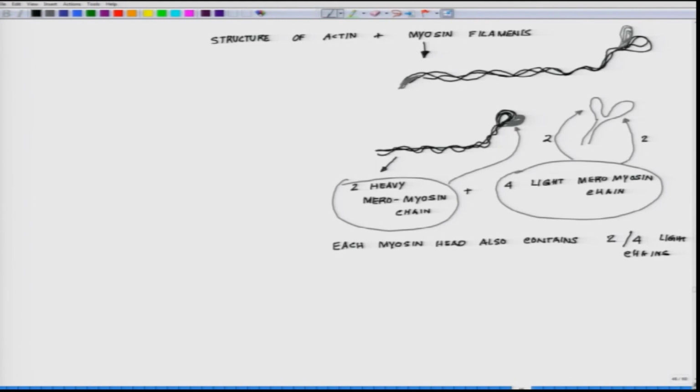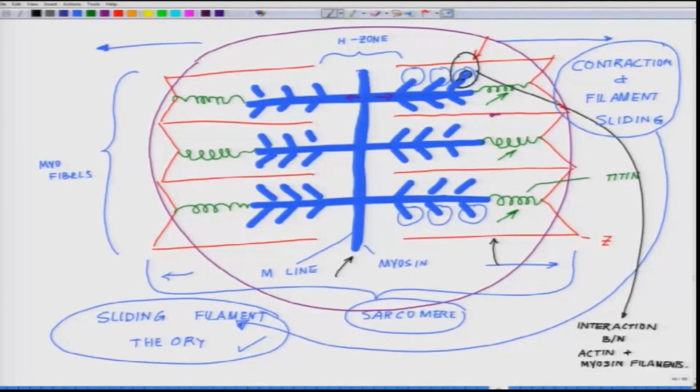I will come later to what the cross bridge is. Cross bridge essentially is, let me go back here, this zone that you see here, which is termed the cross bridge.